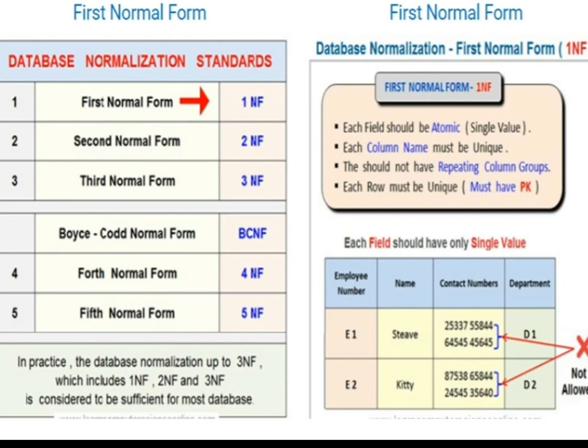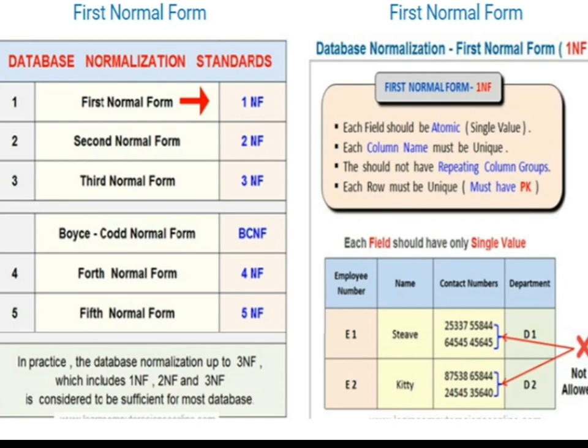For example, here we have an employee table containing employee number, name, contact number and department name. In the contact number, employee number E1 has two contact numbers, and employee 2 also has two contact numbers.